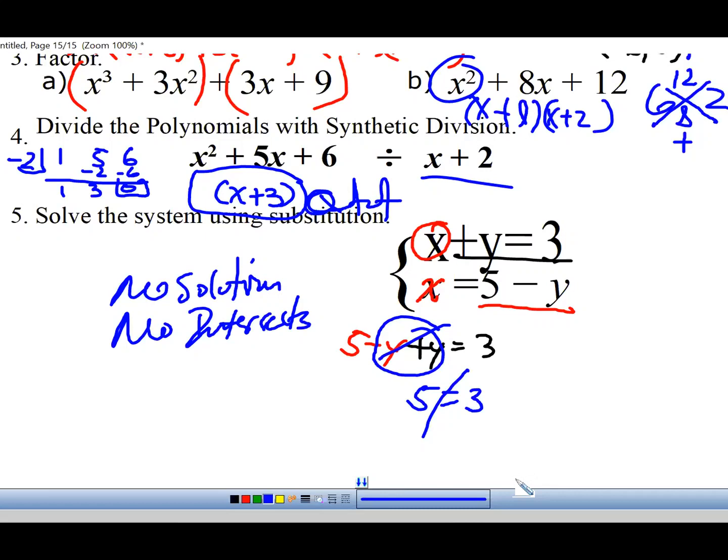They are separate, that is correct, but if they never intersect, let's see. Hayden, what do you think? Parallel. Parallel. Yes.